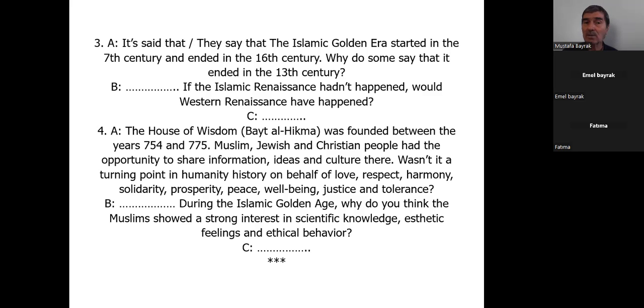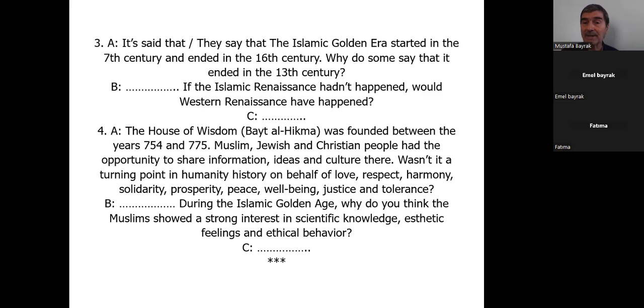Wasn't it a turning point in the humanity history on behalf of mutual love, mutual respect, harmony, solidarity, prosperity, peace, well-being, justice? Yes, of course, it was an important turning point, milestone in the history of humanity.